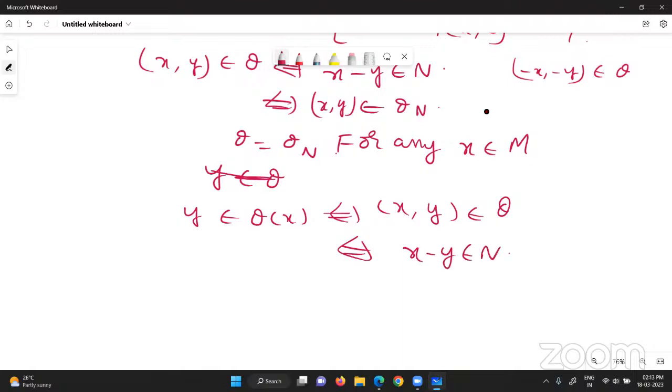Therefore, any congruence on R submodule M is of this form. Or you can mention like this also: y belongs to x plus n. Hence you have theta x is equal to x plus n. So this is one important theorem from commutative algebra.